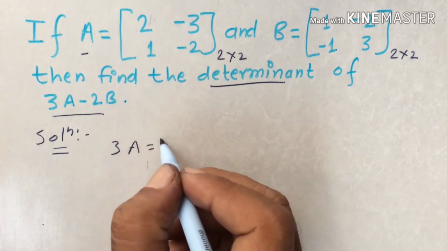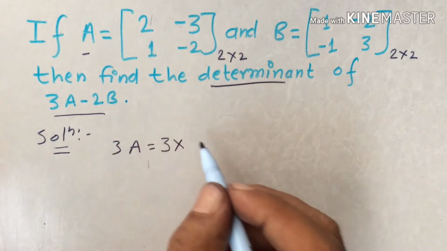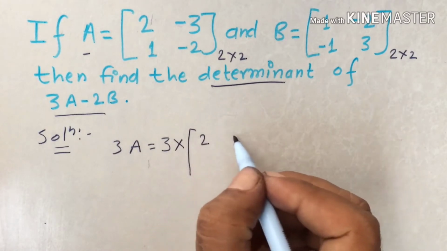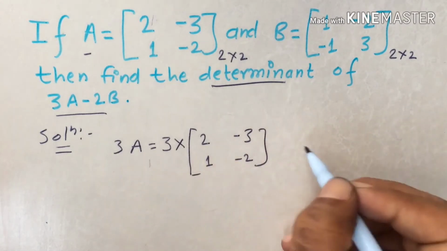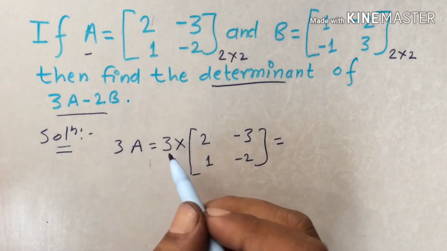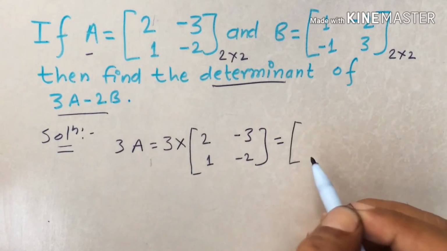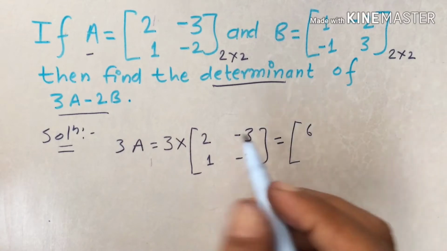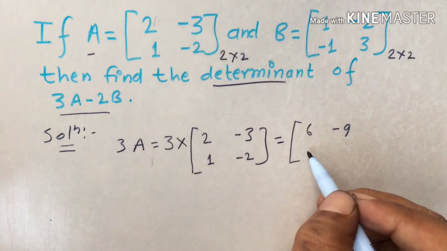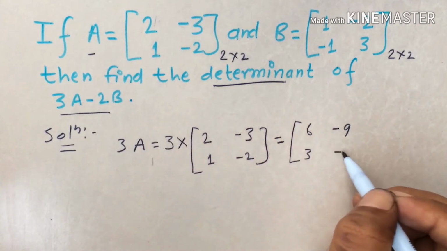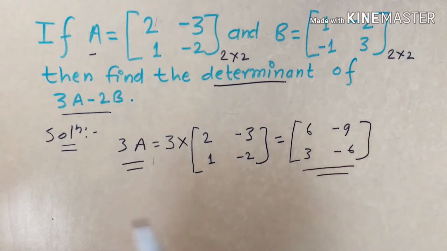So this 3 is multiplied with each entry of the matrix. 2 times 3 is 6, and -3 times 3 is -9. 3 times 1 is 3. 3 times -2 is -6. So 3A is equal to this matrix.